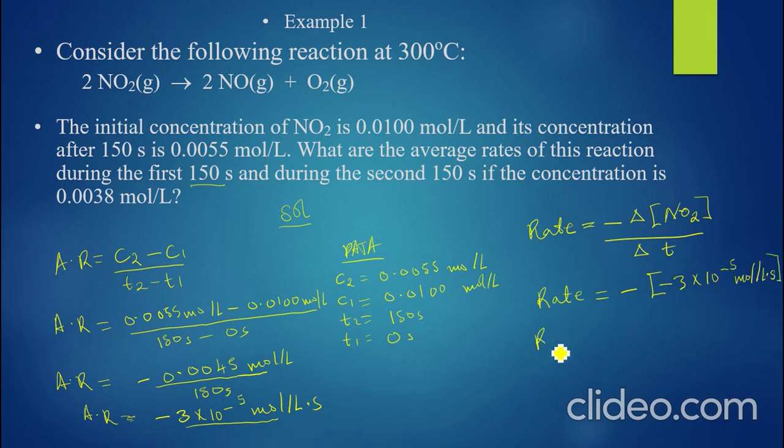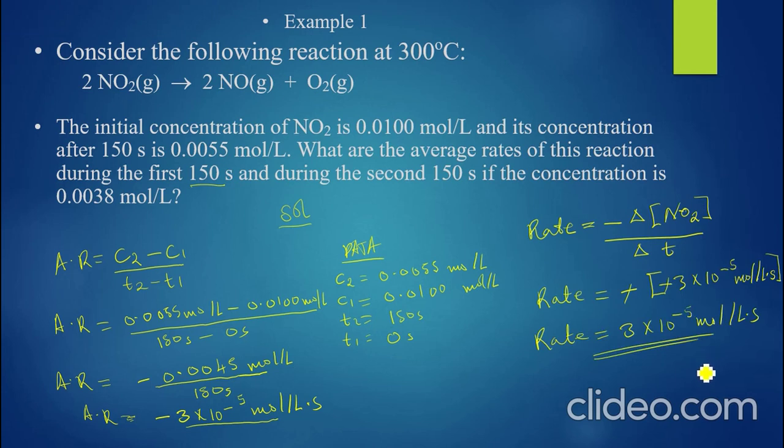Then your final average rate is equal to, negative and negative cancel, therefore 3 times 10 to the power negative 5 mole per liter per second. That's the final answer.